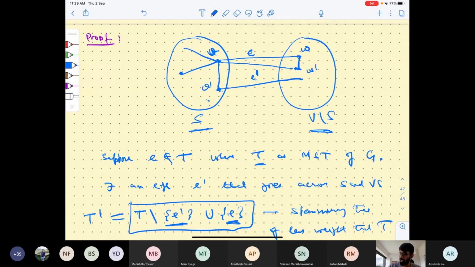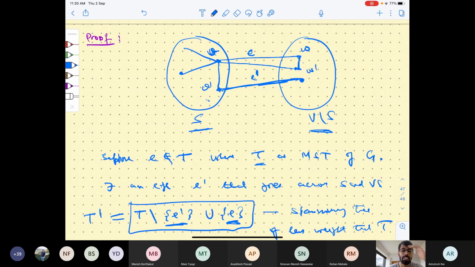Now E prime is in the minimum spanning tree. But if you remove E prime, then the graph is not connected, right? So how should we choose the E prime?